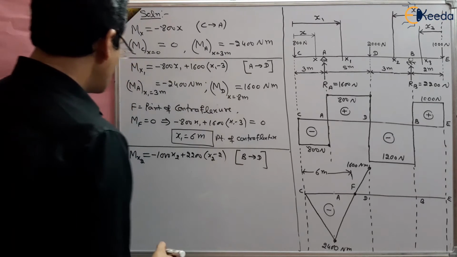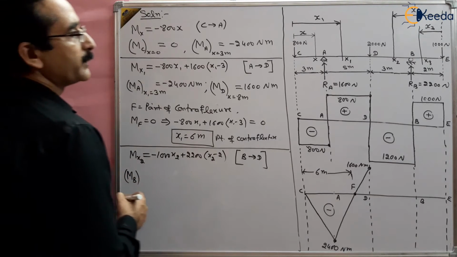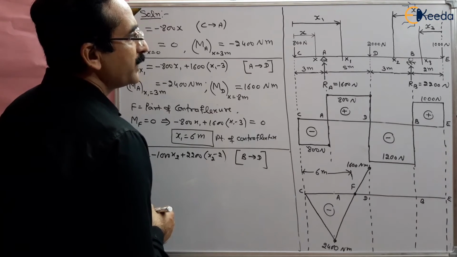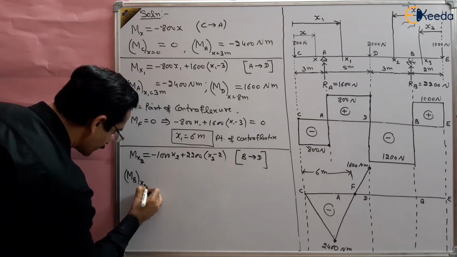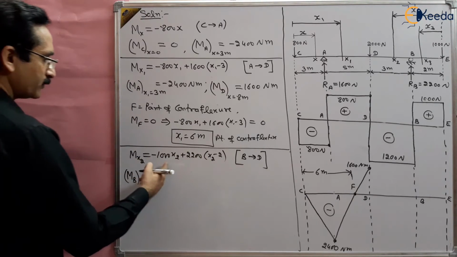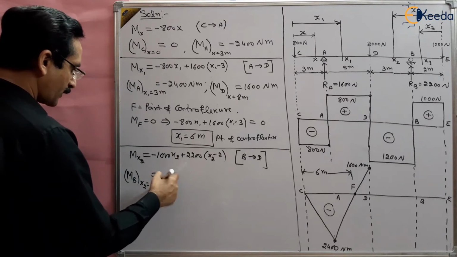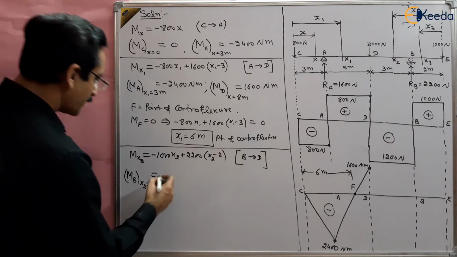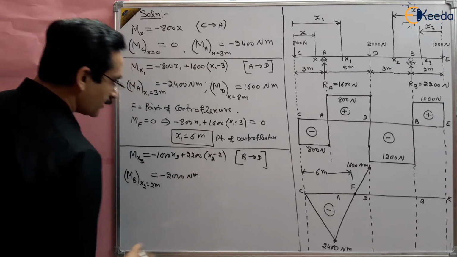So what will be the value at B? MB. When x2 is equal to 2 meters, put 2 meters here and get the value. This will come out to be minus 2000 Newton meter.